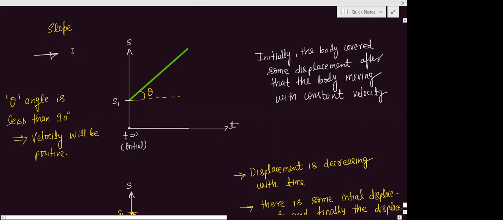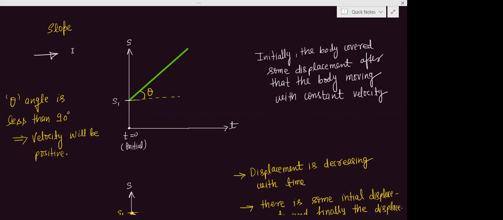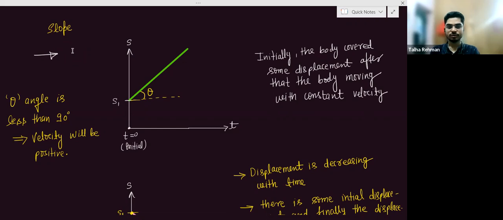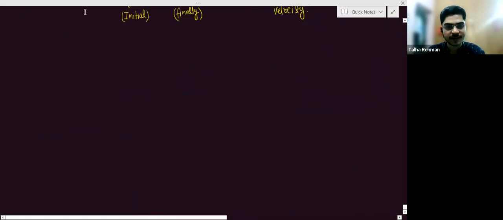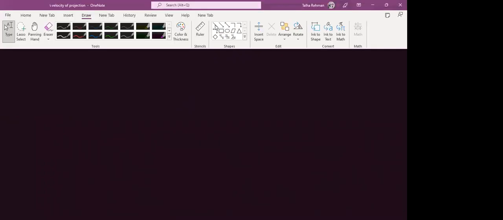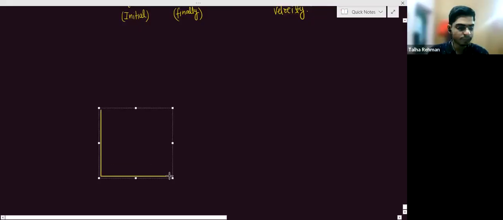Like on a graph, the line, you have to find the slope, using y equals mx plus c. Now we will discuss. I think I should tell you, since you know this thing, that is why I am explaining.